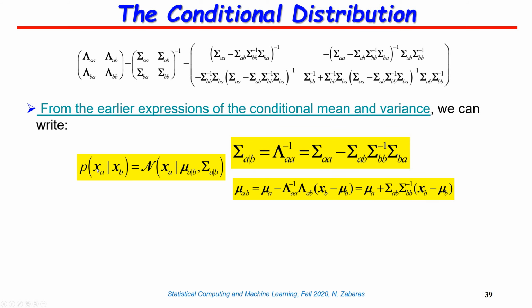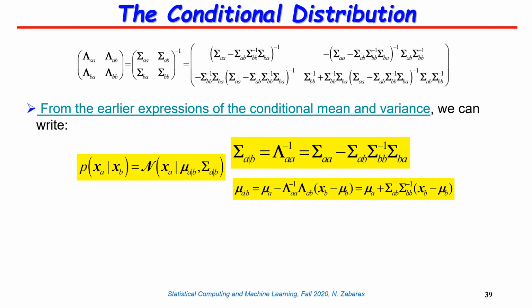So if you want the conditional of XA given XB, you can express it either in terms of the partition components of the precision matrix, or you can use these block component matrices from the partition of the sigma matrix. But notice, don't make the mistake: sigma AA is not lambda AA inverse. The relation is much more complex, and you see it written in this slide.